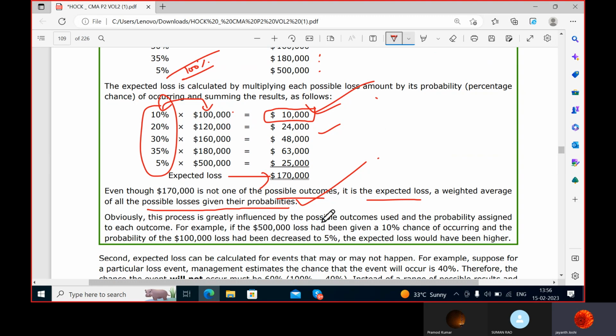For example, if this much loss has been given a 10% chance of occurring and the probability of this loss has been decreased by 5%, the expected loss would have been lower. It would have been 50,000 if it was 5 lakhs, and if this decreased by 5%, it would have been 5,000. So this would have been more than this by 45,000, correct? The expectation would have been different.